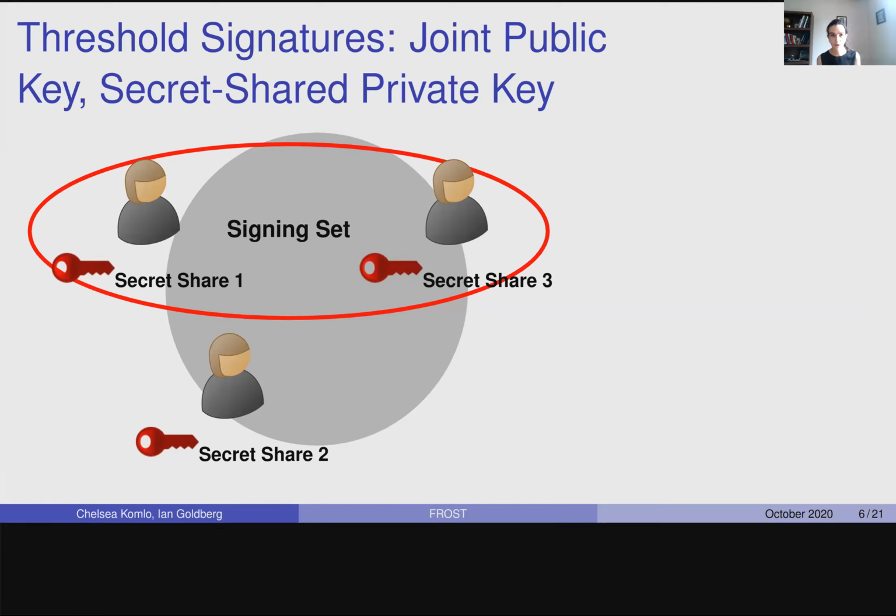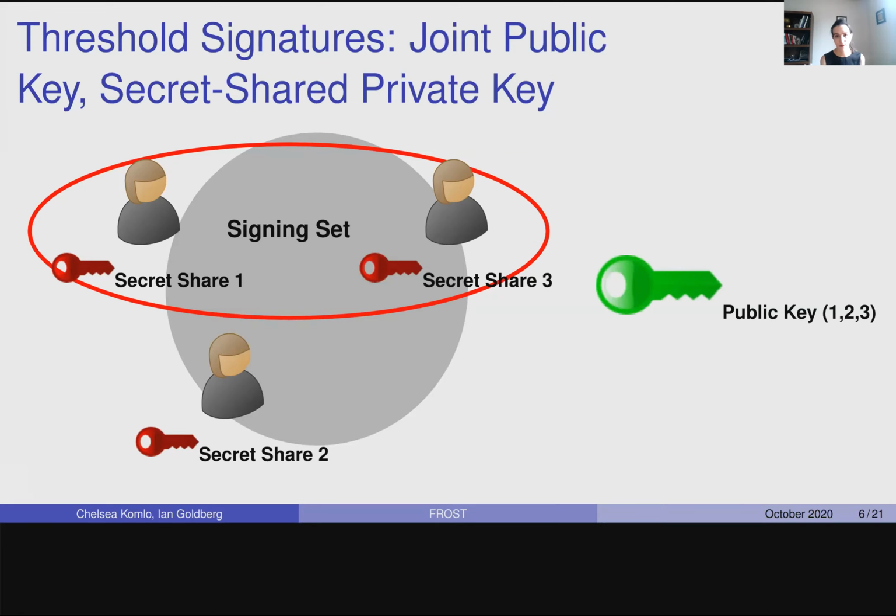And then we talk about threshold signatures as a subset of threshold schemes, or we build on top of threshold secret sharing schemes. So again, similarly to the setting that we just saw, in threshold schemes, we have a T out of N structure where we have N possible signers, T of which are required to sign.